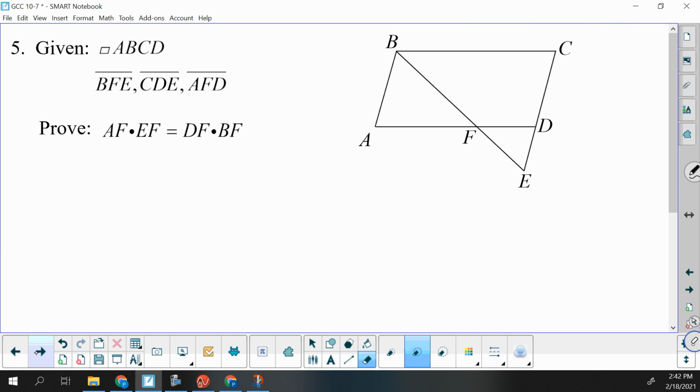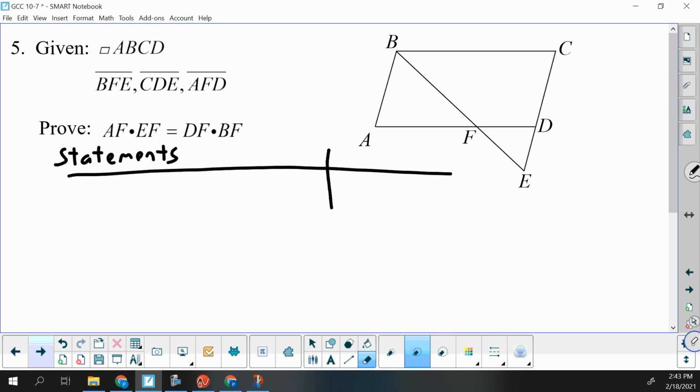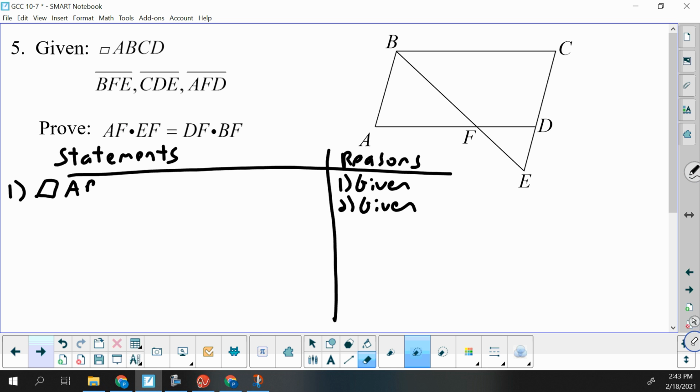One last proof for this video. Go ahead, do your statements, reasons, and givens. So from our proof statement, we want to recognize this is just a similar triangle proof.